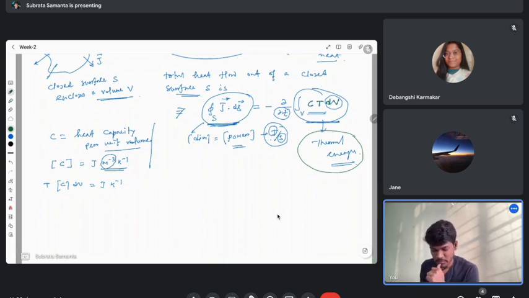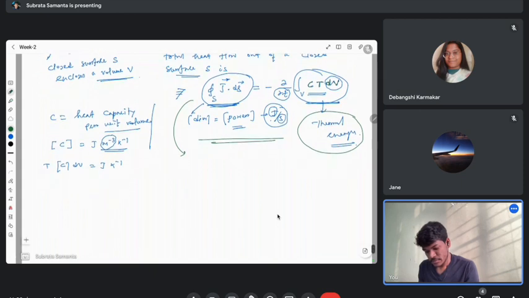So if we add any constant energy to the thermal energy, nothing changes. This point is clear, right?